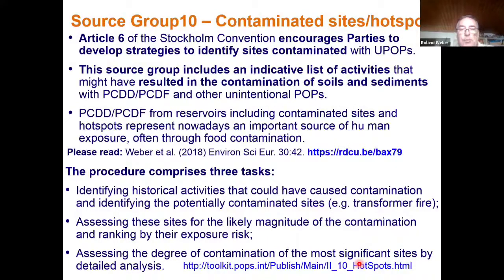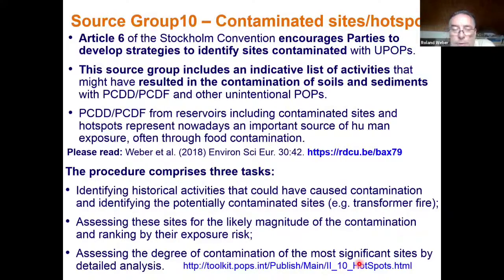So this procedure comprises 3 tasks. For the source group 10, identify historic activities that could have caused contamination and identify the potentially contaminated sites. For Oman, for example, you mentioned in your NIP that you had transformer fires before. So if PCB have been involved, this is for sure a dioxin and furan contaminated site. Then assess these sites for the likely magnitude of the contamination and rank them by their exposure risk.